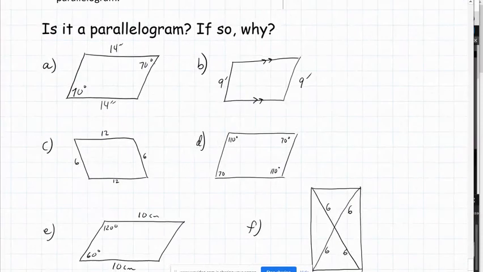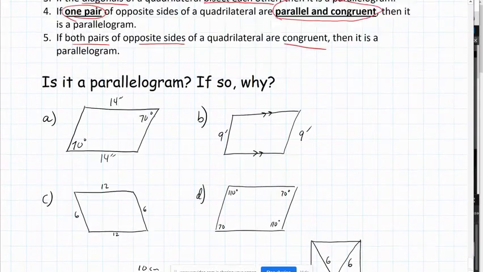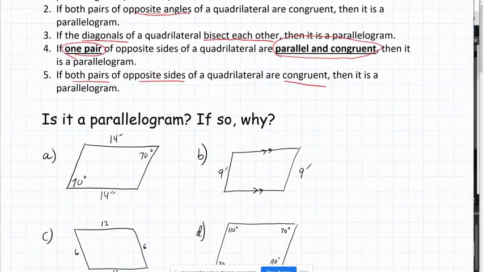Okay, so for problem number 1, this is not enough information to conclude that this is a parallelogram. It might be, but we don't have enough information to use any one of these 5 reasons. So we'll say might be, but not necessarily a parallelogram.